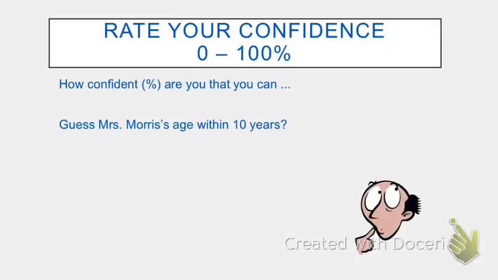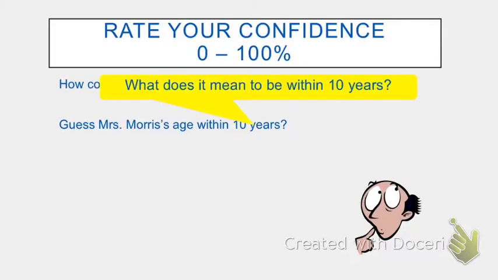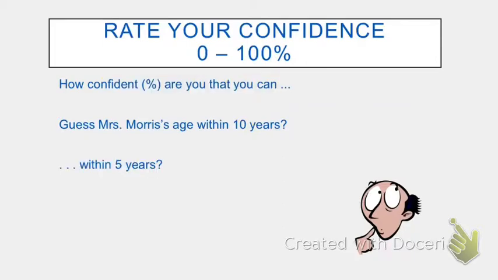I would say like 50 to 60. Okay, within 5 years. 55 to 60. 48 to 55. I'm saying 50 to 55. 54. Okay, within 1 year. 50. 51. If you know it, don't answer it. 54. 56.